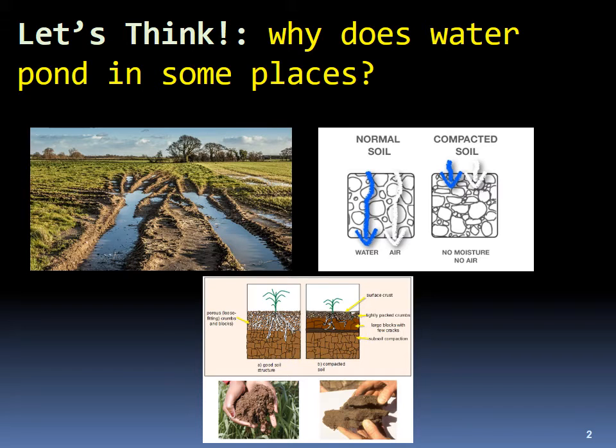Now, I want you to remember from the previous lecture that vegetation can open up the soil, creating paths in the soil that allow water to infiltrate.